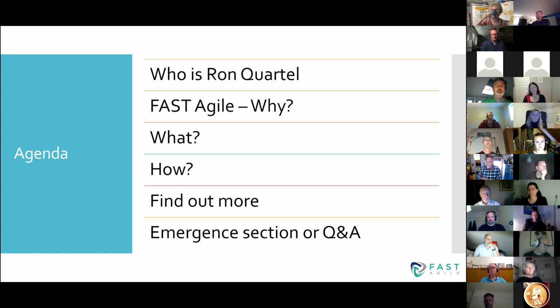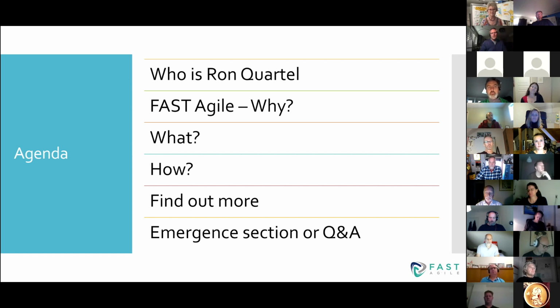I'm going to spend a good chunk of time on that section, because it's really important that I get you in a certain mindset before I tell you what FAST Agile is. Otherwise a lot of people get stuck and think, that can't possibly work, because FAST is very different to probably anything else that you've heard about. So I need to get into why it's different first and why it could work.